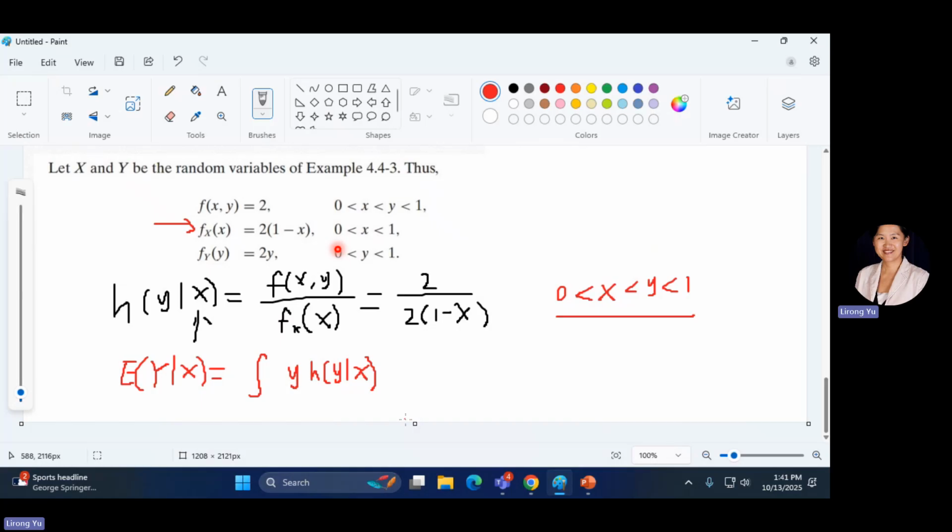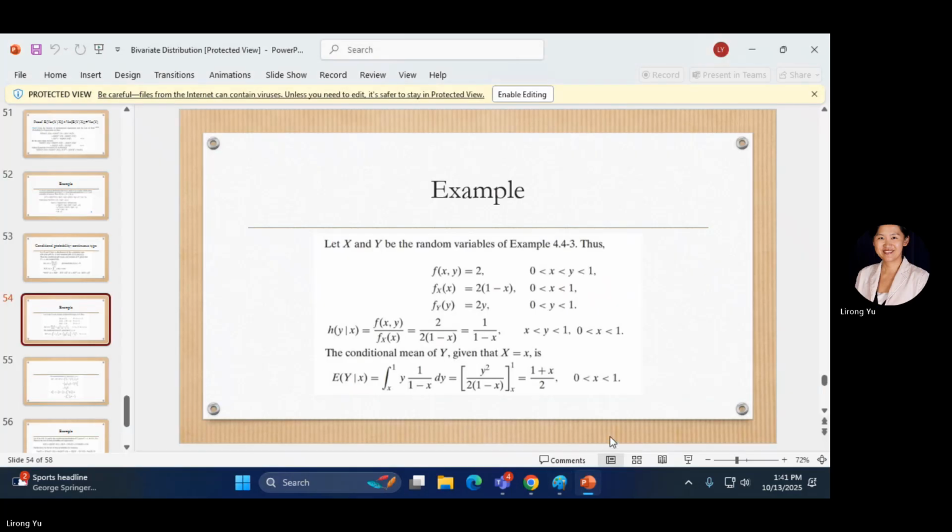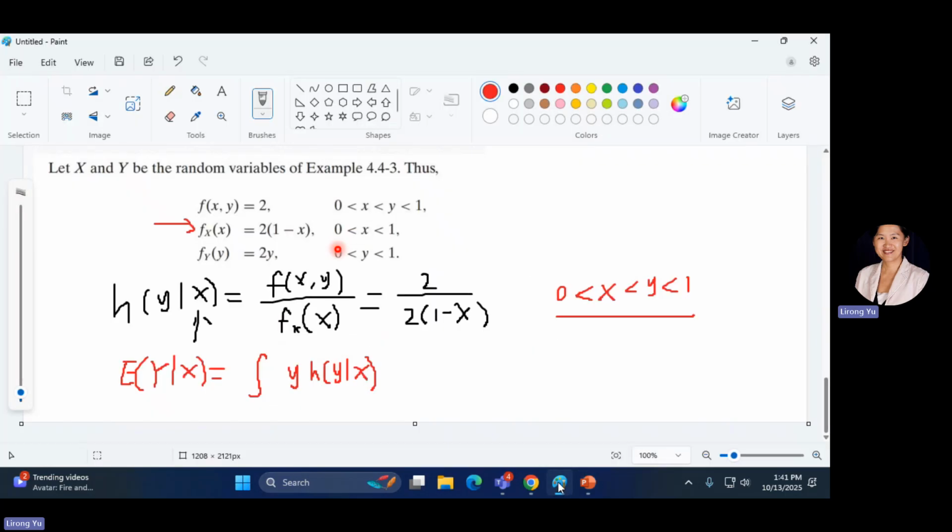It should be a double integral. Given x, x is a variable, so we integrate over y. So this is essentially an application of a single variable, so we actually do y.